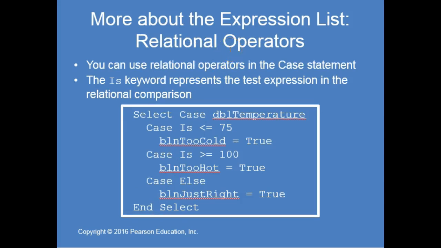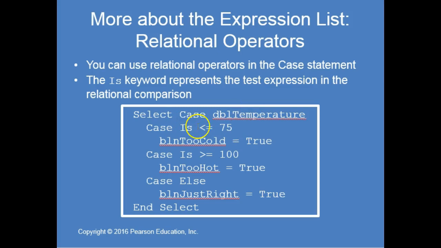Unlike C++, in a select case statement, you can use relational operators, and we use the is keyword when we're working with relational operators. So here you can see variable double temperature, and this shows a range of values. Case is, this is a reserved word, less than or equal to 75.